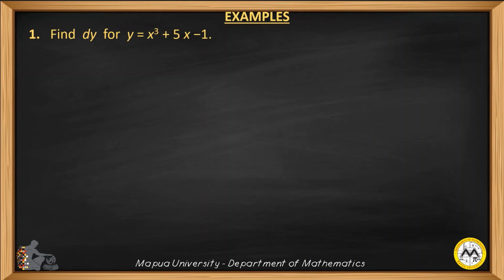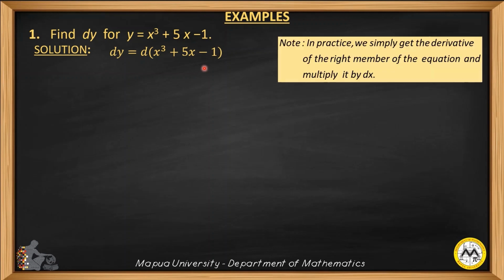Let's now apply this concept of the differentials to determine the differentials of some functions. For our first example, we have to find the differential of y equal to x cubed plus 5x minus 1. Based on the definition, the differential of y will just be the differential of the right member, x cubed plus 5x minus 1.